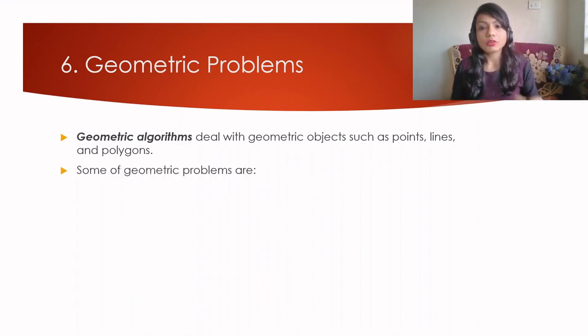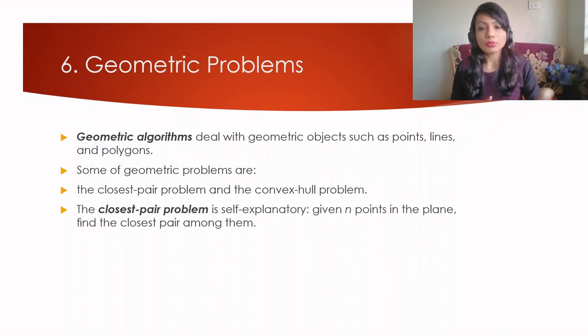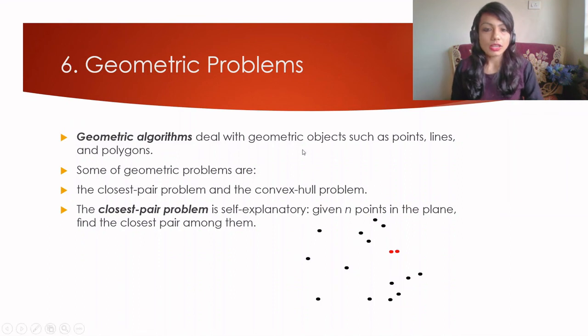So these are polygons. Some of the geometric problems are, one, the closest pair problem, and second, the convex hull problem. The closest pair problem is nothing but, in a plane, if there are n points, you have to find the closest pair among them. Let's see an example. Can you see in this plane so many points are there.